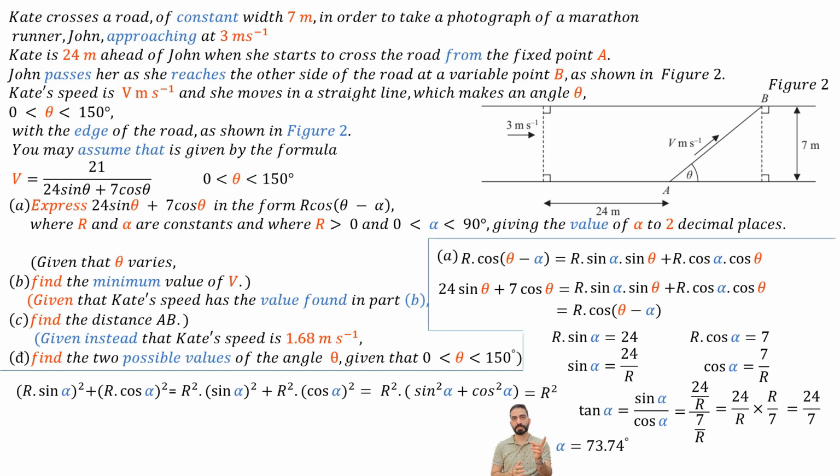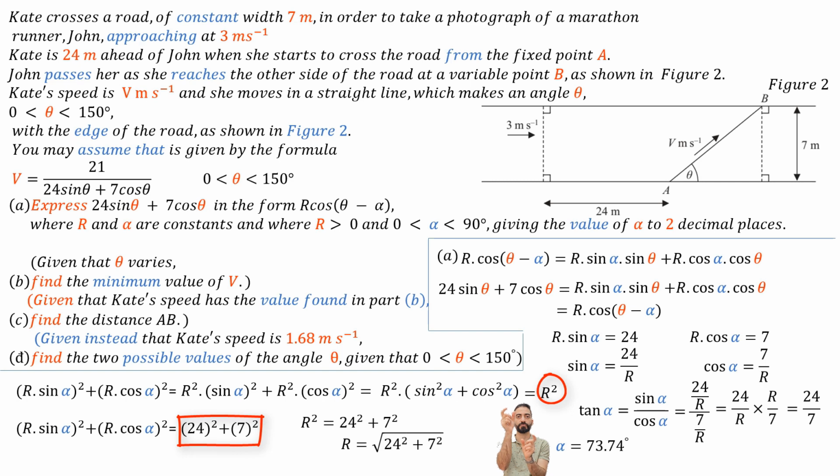Also, (r sine alpha) squared plus (r cosine alpha) squared equals 24 squared plus 7 squared. Here we put everything at its value. So we have that r squared equals 24 squared plus 7 squared, and in this way, we get that r equals 25.